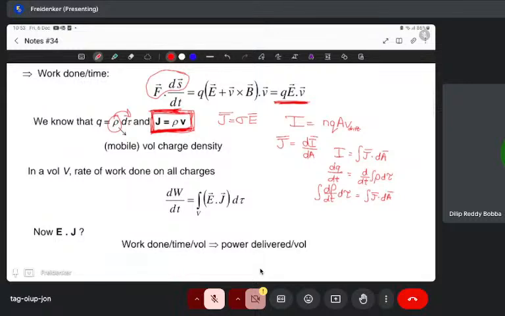I won't reach anywhere, because the continuity equation was something like this. This is nothing but Gauss divergence. Okay, at this point I simply rediscovered the continuity equation.